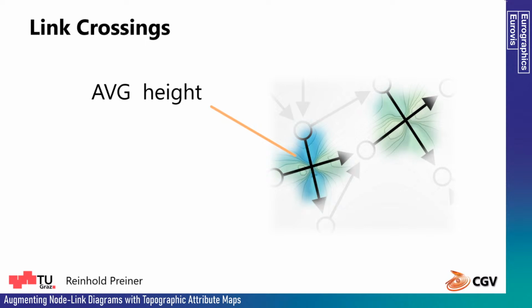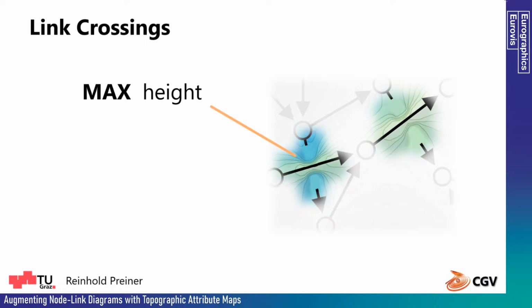Either we model here a trench that embeds the lower situated edge and route the higher one over it using a bridge, or we raise the landscape to create an embankment for the higher situated edge and route the lower one under it using a tunnel. In our work, we chose the second option just because we found that tunnels have more distinctive symbols in topographic maps. So to realize this, we need to initialize the height field first with the maximum of all link height values at each pixel, and this creates such embankments when the height field is interpolated.